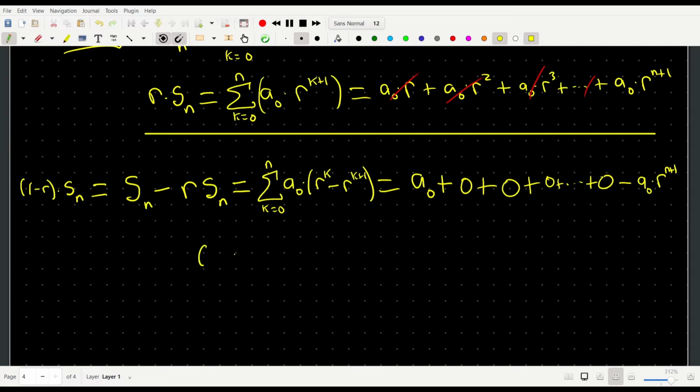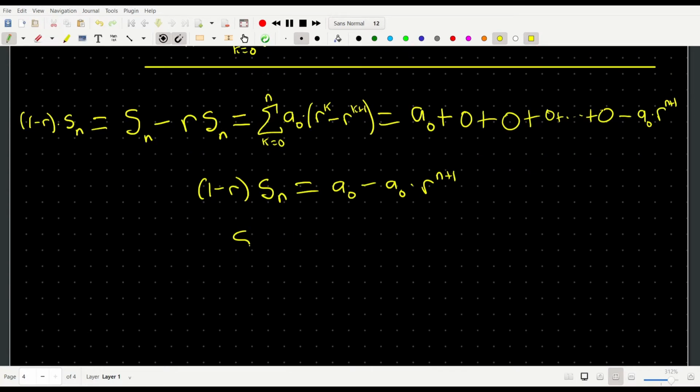So what we've just done is show something remarkable. We've shown that 1 minus r times Sn is equal to a naught minus a naught times r to the n plus 1, or that Sn is equal to a naught times 1 minus r to the n plus 1, divided by 1 minus r.